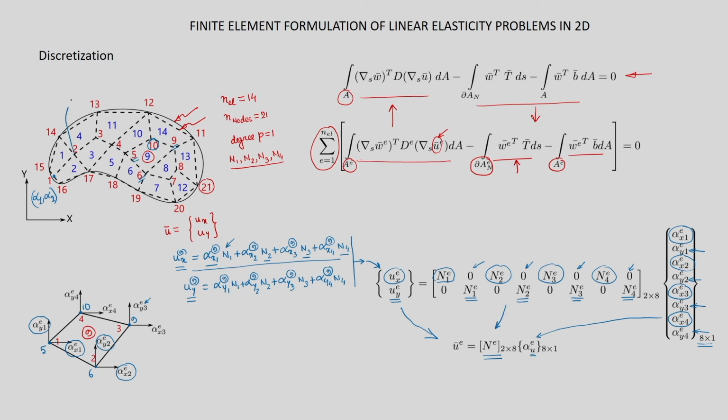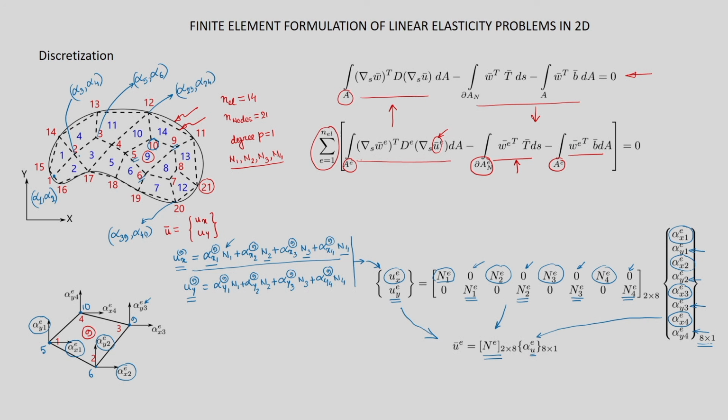Similarly, at node 2 the x displacement is alpha 3 and y displacement is alpha 4. Similarly, at node 3 the nodal displacements will be alpha 5 and alpha 6 and so on. If I take arbitrarily say node 20, the nodal displacements will be alpha 39 and alpha 40. Then node 12, in that case it will be 23 and 24.